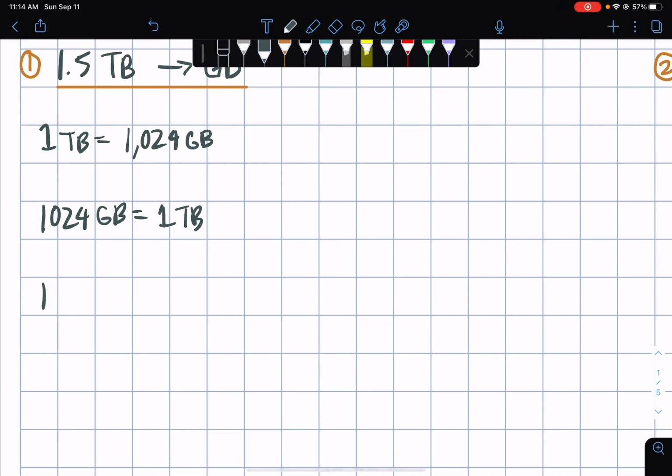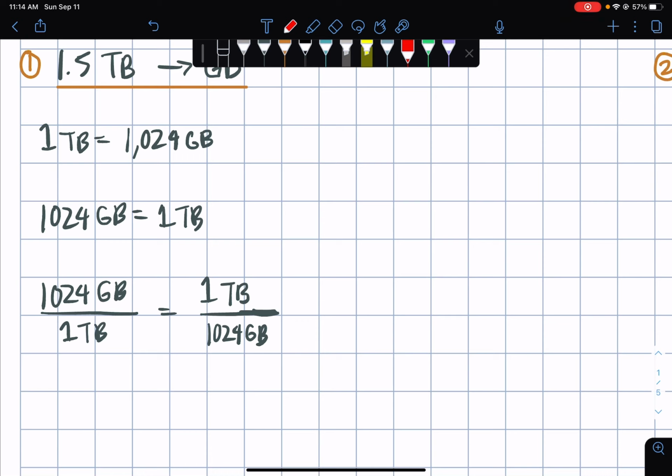And so 1024 gigabytes will be equivalent to 1 terabyte. And let's make another fraction: 1 terabyte over 1024 gigabytes. The way we make the second fraction, we just apply the reciprocation process to the first one.